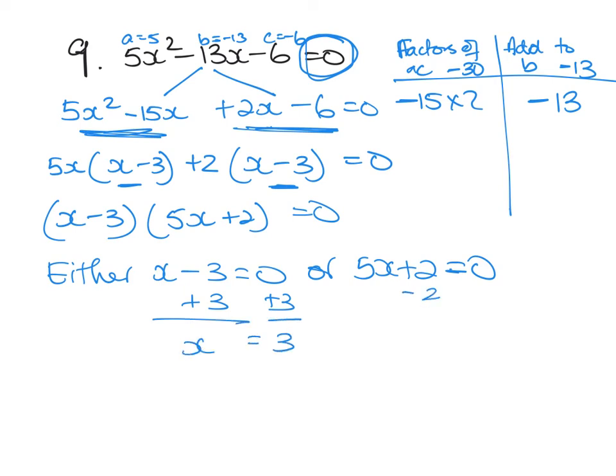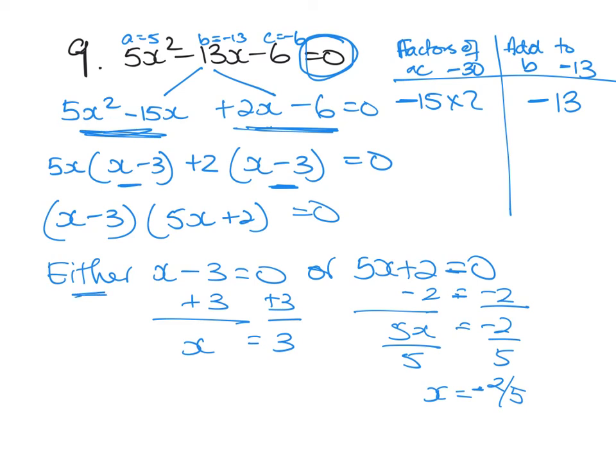We minus 2 from this side, and we'll get that 5x is equal to minus 2, and we divide both sides by 5. So x is equal to minus 2 over 5. And we have to state both solutions with the words either and or to get full marks for this question.